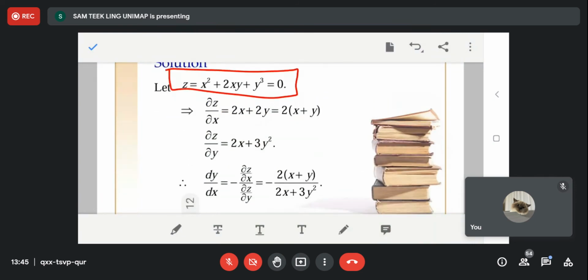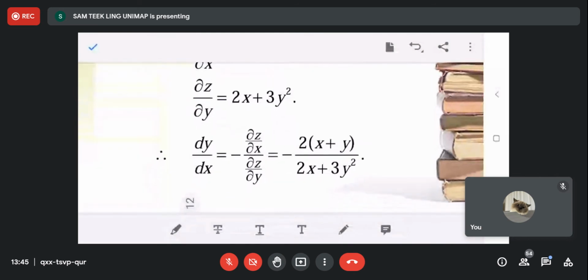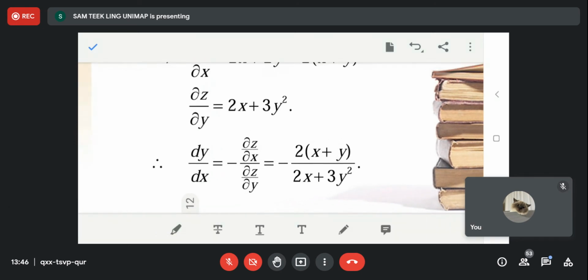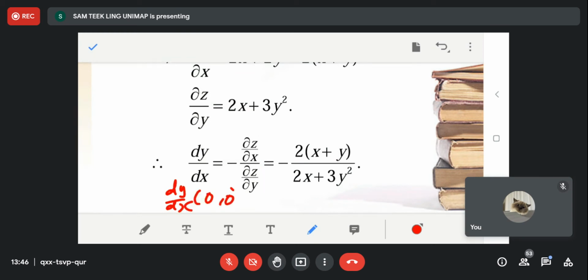After we finish this one in x and y, then we replace.